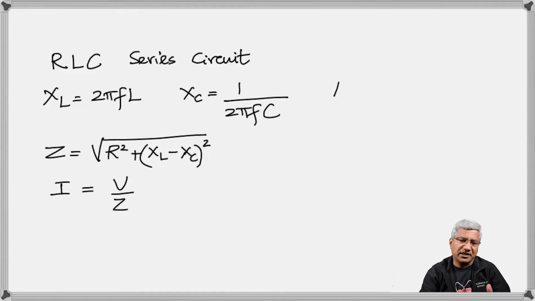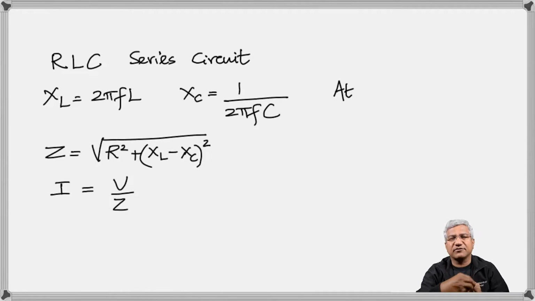But the current is always given by voltage by resistance or reactance. In this case, it's voltage divided by impedance. So if the impedance is minimum, then you know that the current is maximum, because the impedance is in the denominator. So at resonance, number one, XL becomes equal to XC.